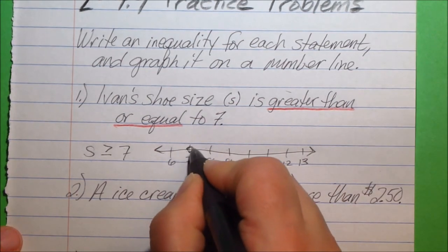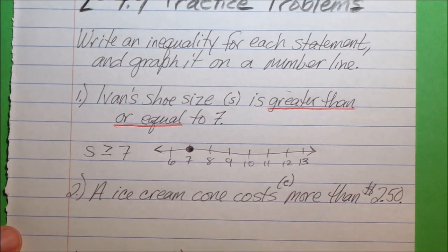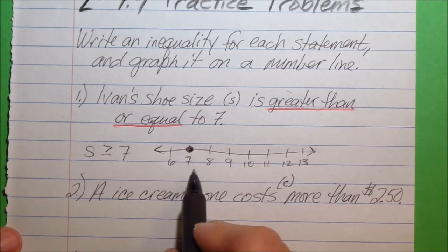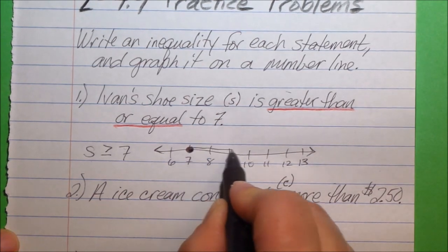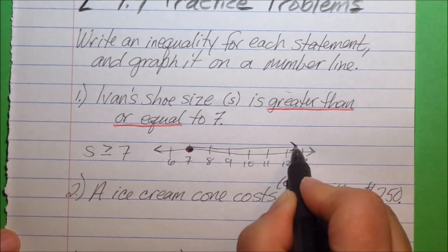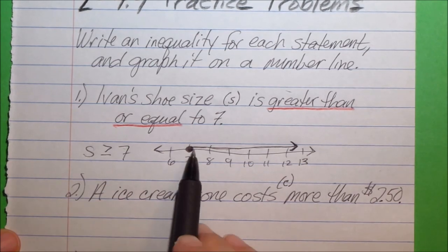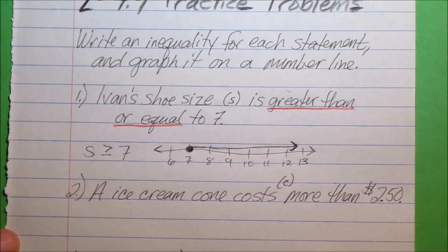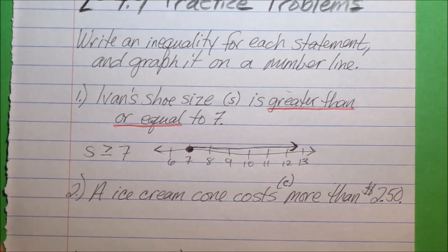So I'm going to put my dot right on the 7, right on the number line, and I'm going to fill it in because it could include 7. And then S could also be anything greater than 7. So I put my greater than arrow showing me that the possibilities for S are anything on what my arrow is showing, including the number 7.